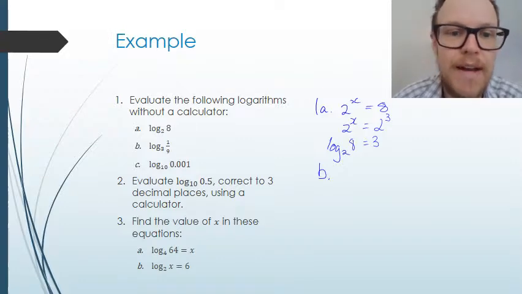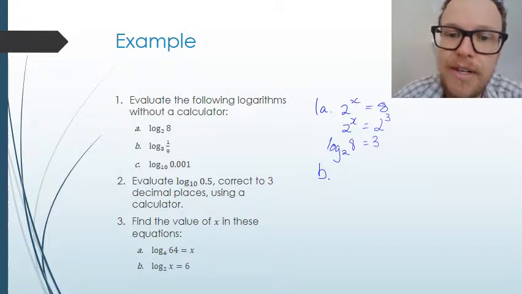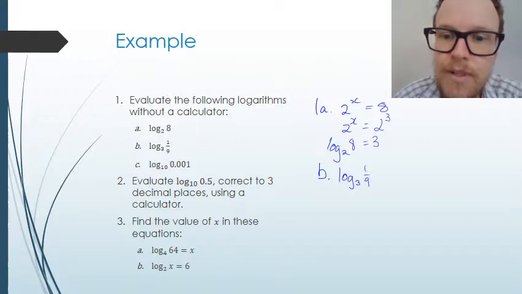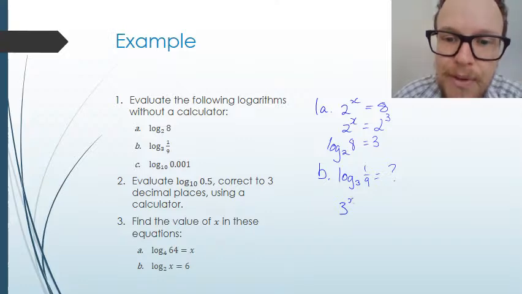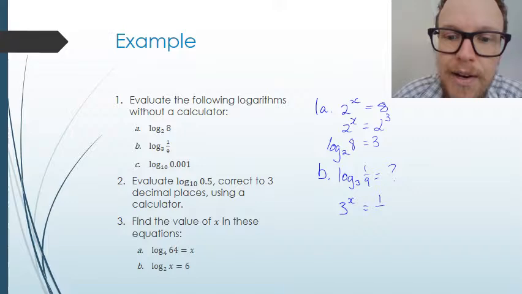So if we look at b now, we've got log to the base 3 of 1/9. That's what we're trying to find. We need to think, what exponent to a base of 3 would yield 1/9?